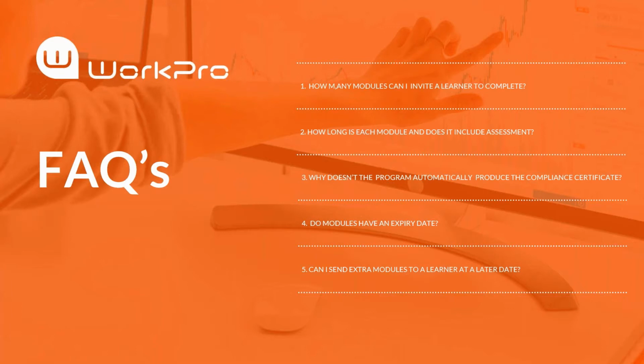Modules do have an expiry date. In most cases, they are 2 years. And the reason for that is because we acknowledge that WorkPro and the delivery of a safety e-learning module is only one part of getting someone ready for work.